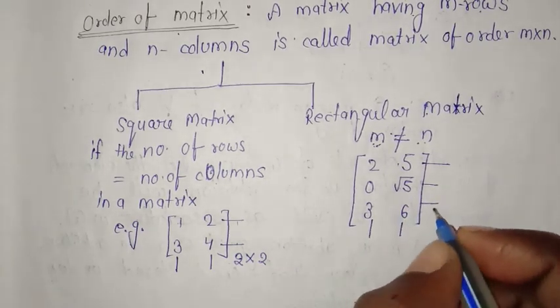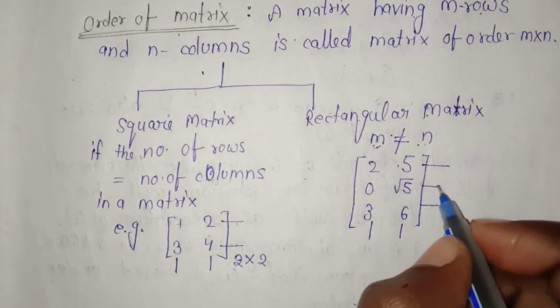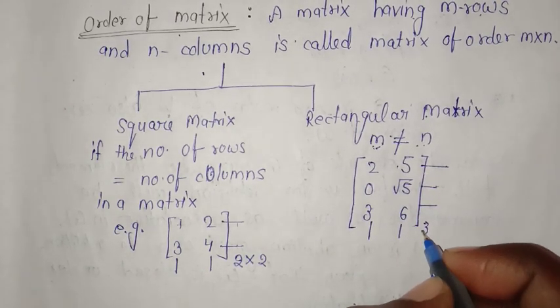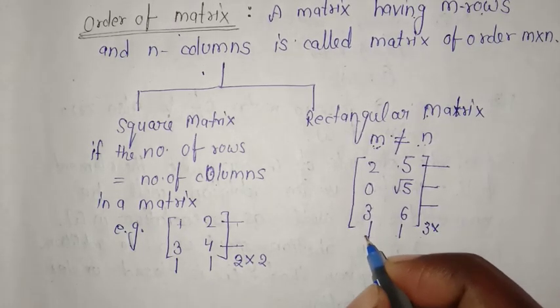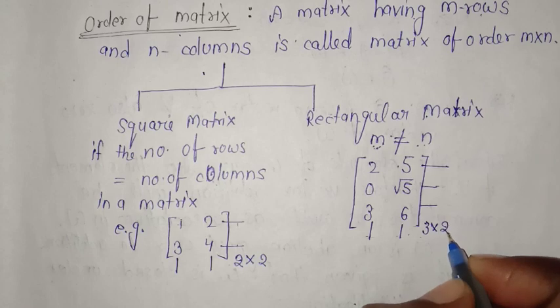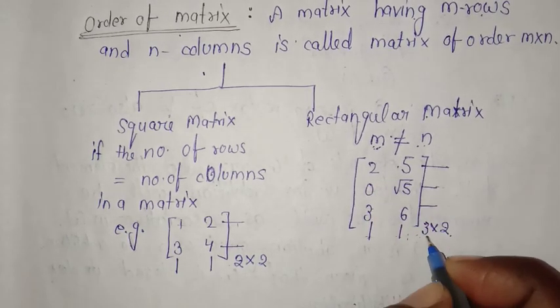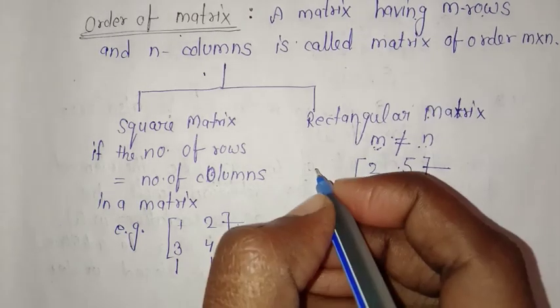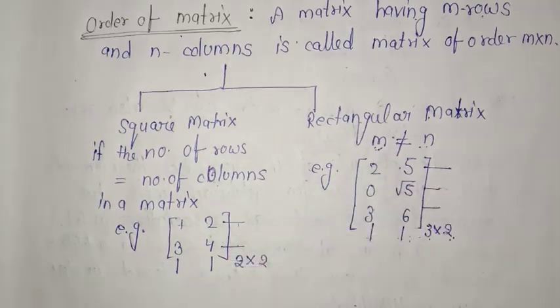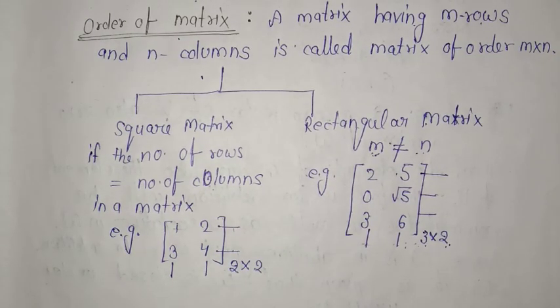In order to write the order of a matrix, firstly we write the number of rows, 3, cross the number of columns, 2. So this is a 3 cross 2 matrix. Since the number of rows is not equal to the number of columns, we call this matrix a rectangular matrix. I hope the difference between square matrix and rectangular matrix is clear to all of you.